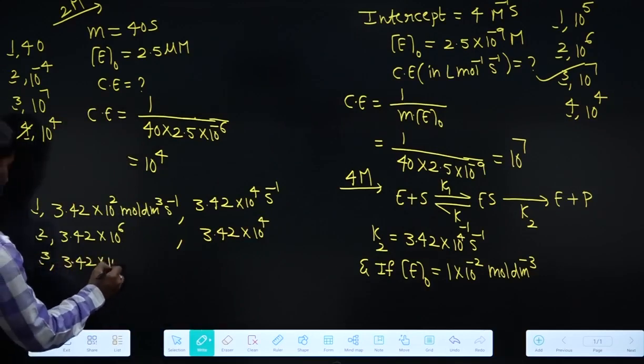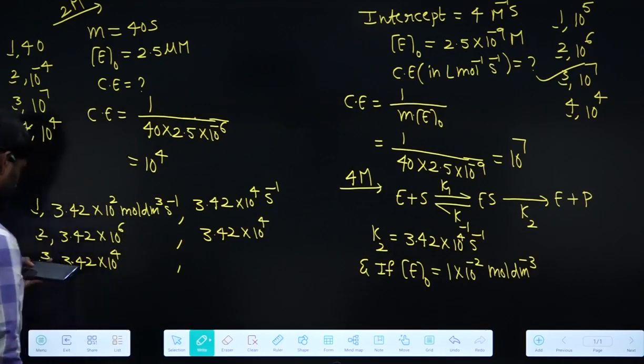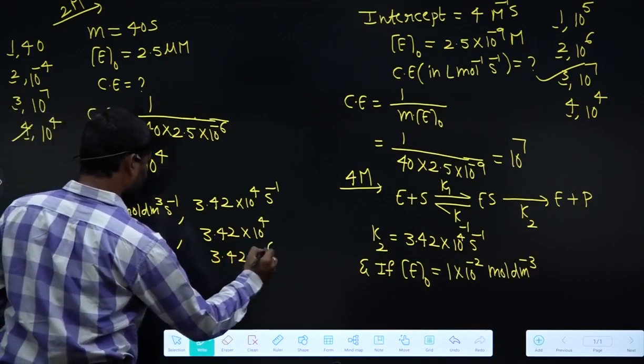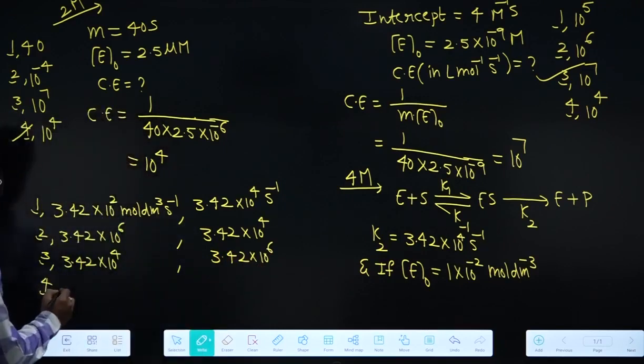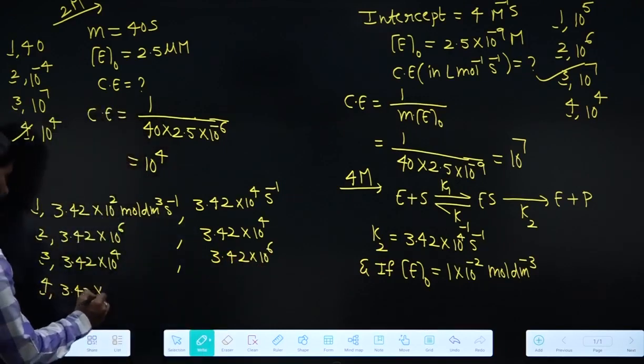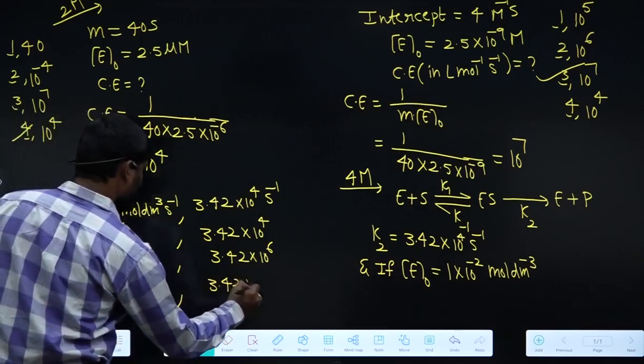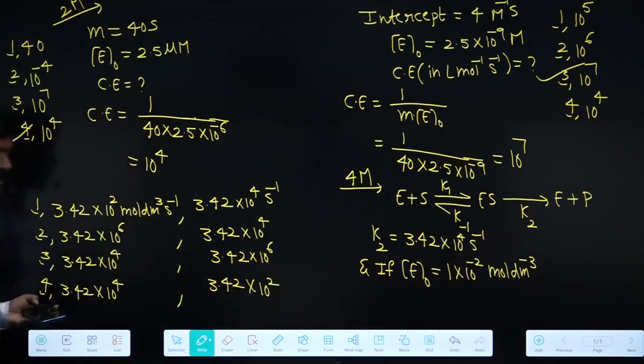Option 3, 3.42 into 10 power 4, 3.42 into 10 power 6. Option 4, 3.42 into 10 power 4, 3.42 into 10 power 2. Which option? Right.